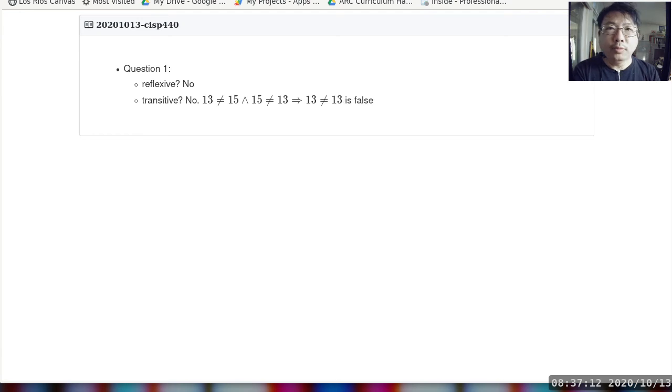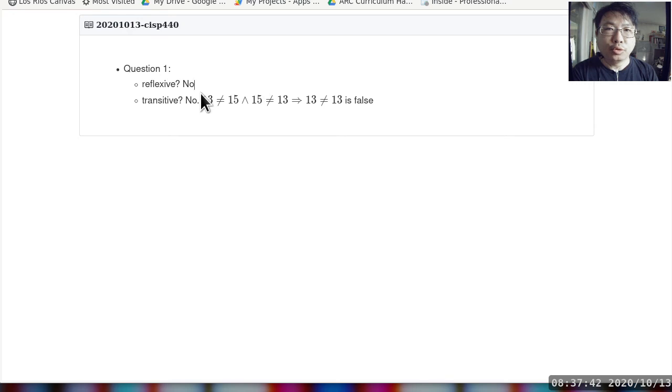So that means we are able to find elements E, F, and G. This is element E, this is element F, this is element G, and element E not equal to element G is false.